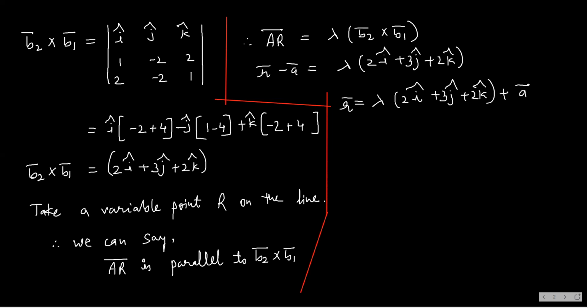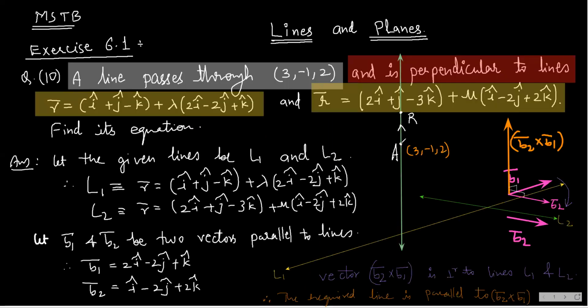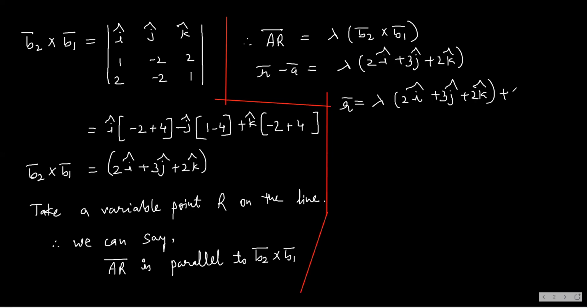And what is A bar? A bar is the position vector of this point, which is 3I cap minus J cap plus 2K cap. And this is the equation of the required line.